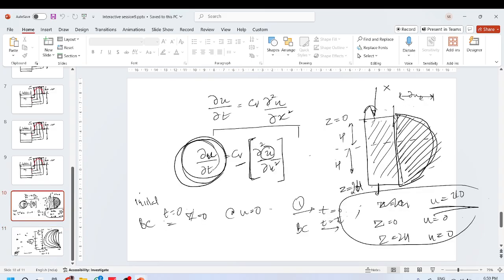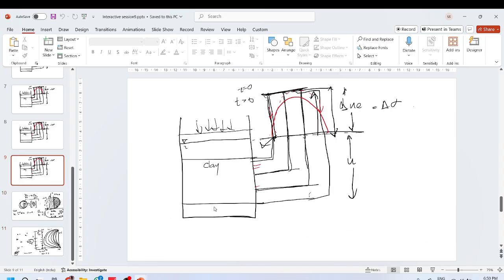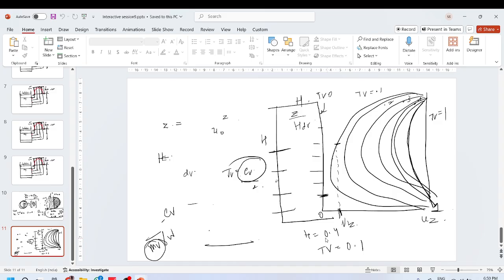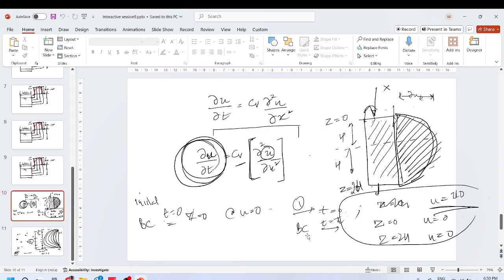So we use these three quantities, which are the degree of saturation, the depth ratio, and the time, this time factor Tv.